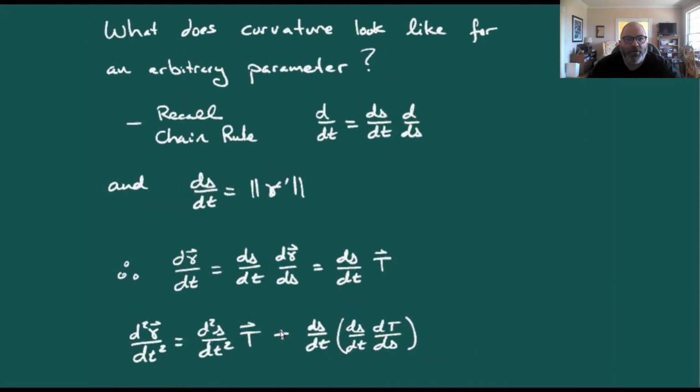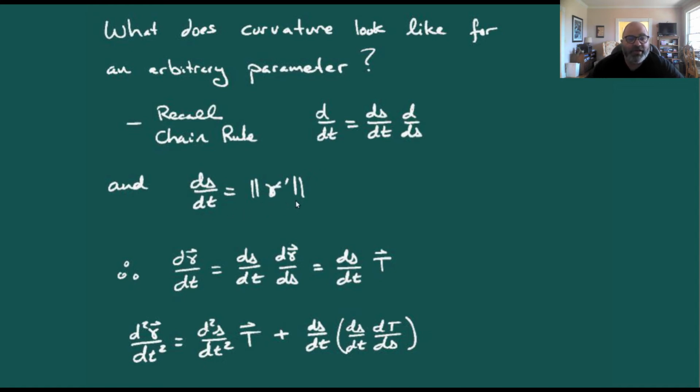And so what does the curvature look like for an arbitrary parameter? Going back to the chain rule, remember that we had d by dt is really just ds by dt times d by ds. If we go back to our arc length function, we took the derivative of the arc length with respect to the parameter.